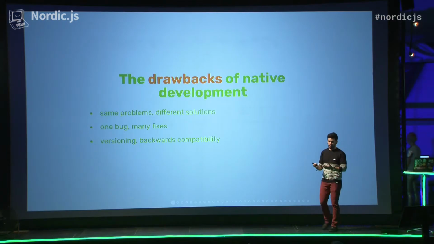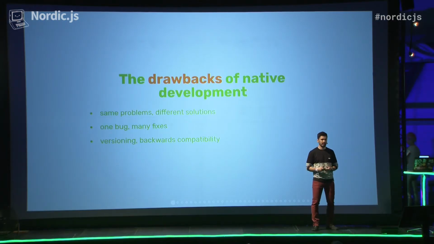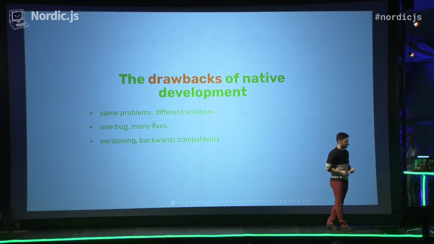Basically, as many platforms you have, as many times more work you have to do. And also, versioning and backwards compatibility is just a mess compared to the web, where you just refresh something and everybody sees it the next time they load the page.